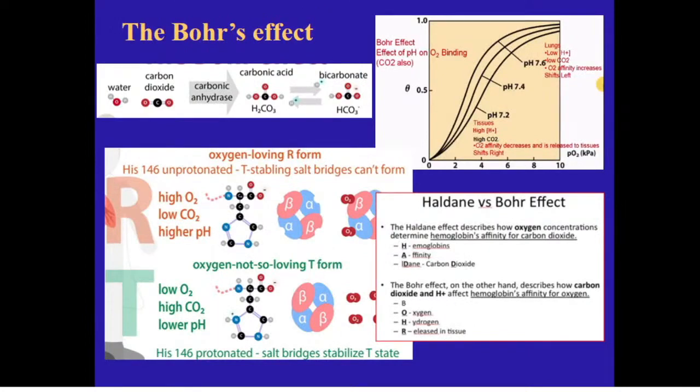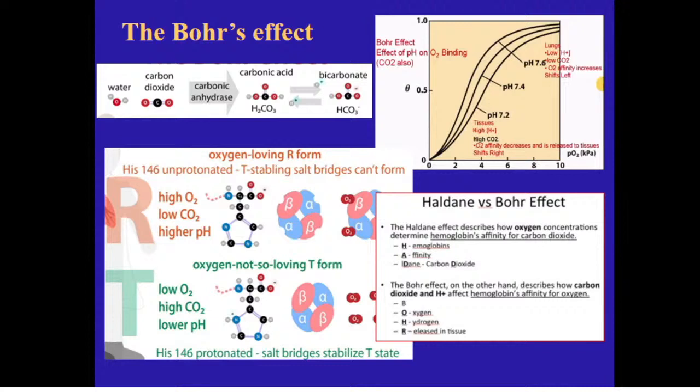Let's look at the action of the enzyme that is present inside of erythrocytes. Carboanhydrase. This enzyme can convert water and carbon dioxide to carbonic acid and bicarbonate ion.